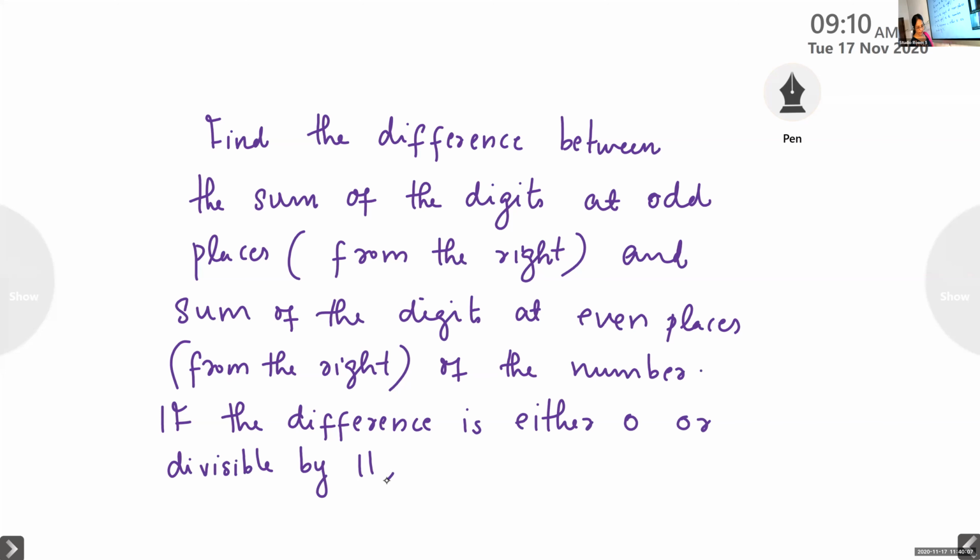Okay, 1 minute. You can see that the sentence is a long sentence, but the process is very easy.